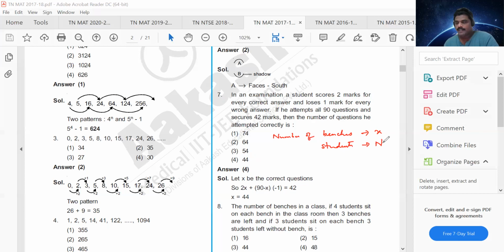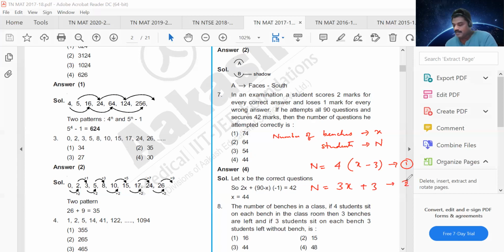Here, first of all, I will try to write the equations for the number of students. If 4 students sit on a bench in the classroom, 3 benches are left out. That means if 4 students are sitting, then 3 of the benches are unused. So x minus 3 if 4 sit in a bench. Let us say this is equation number 1. Then if 3 students are sitting using all the benches, 3 students are left over.